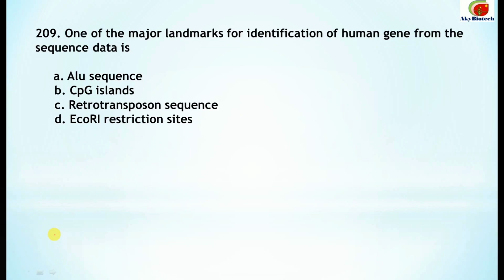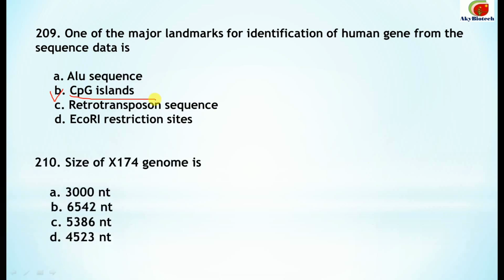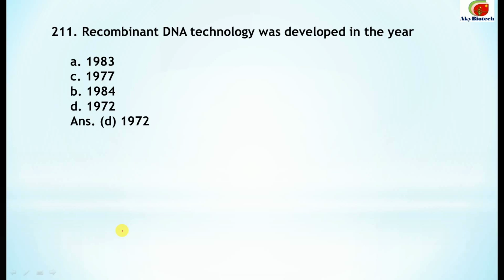209. One of the major landmarks for identification of a human gene from the sequence data is called CpG islands. Question number 210. Size of phi X174 genome is near about 5386 nucleotides. 211.